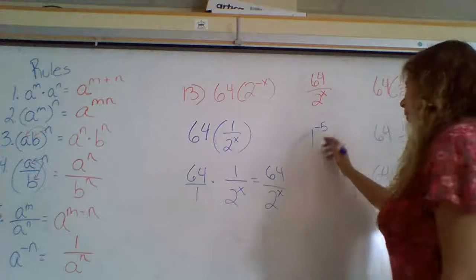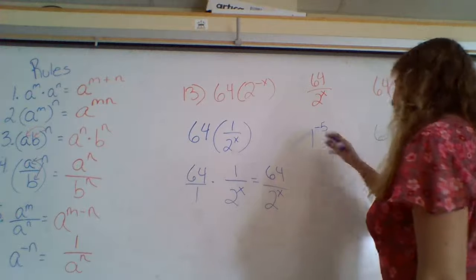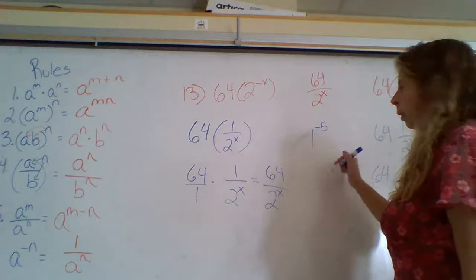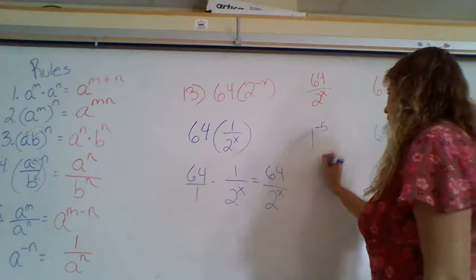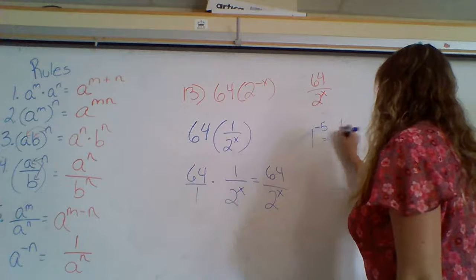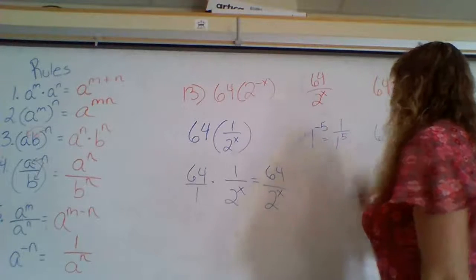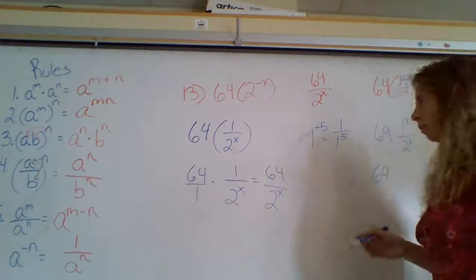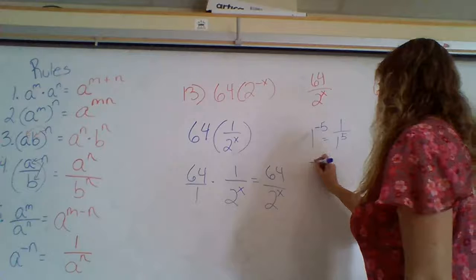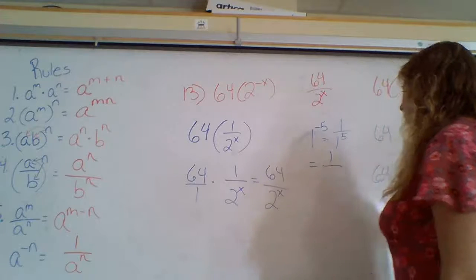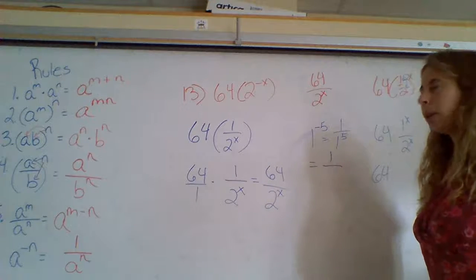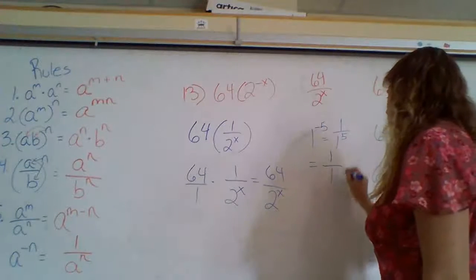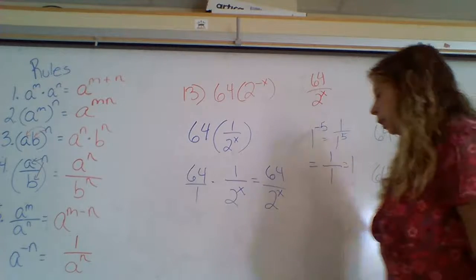Okay, if you have 1 to the negative 5th power, exponent rules, rule number 6, you're going to write the reciprocal. So that's equal to 1 over 1 to the 5th power. 1 times 1 times 1 times 1 is still just 1. So 1 raised to any power is just 1.